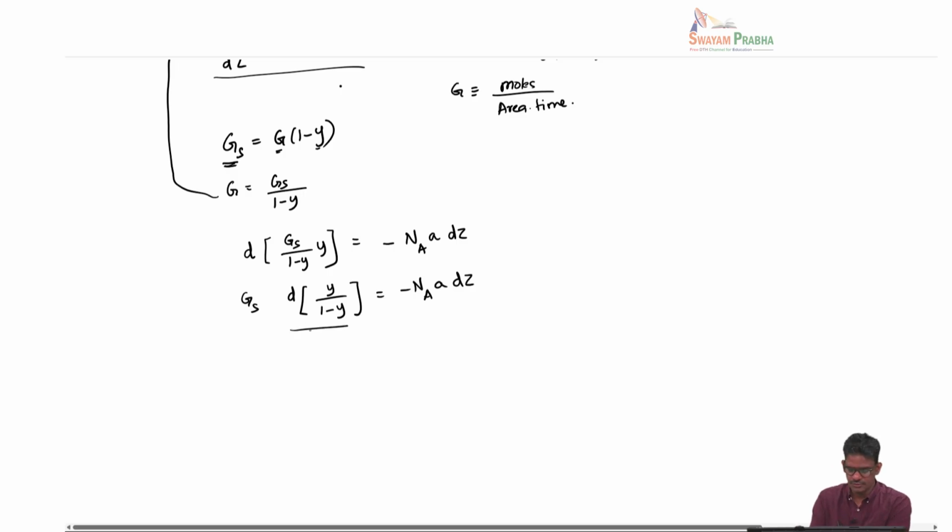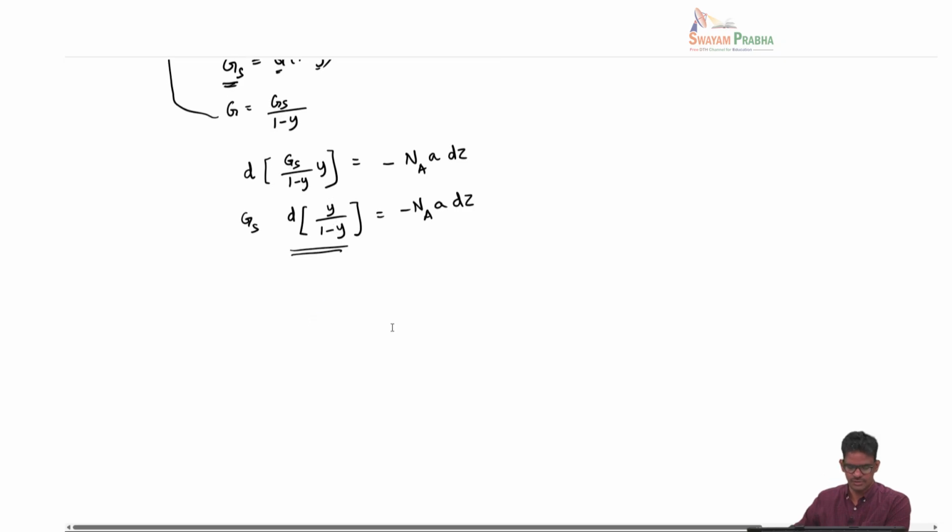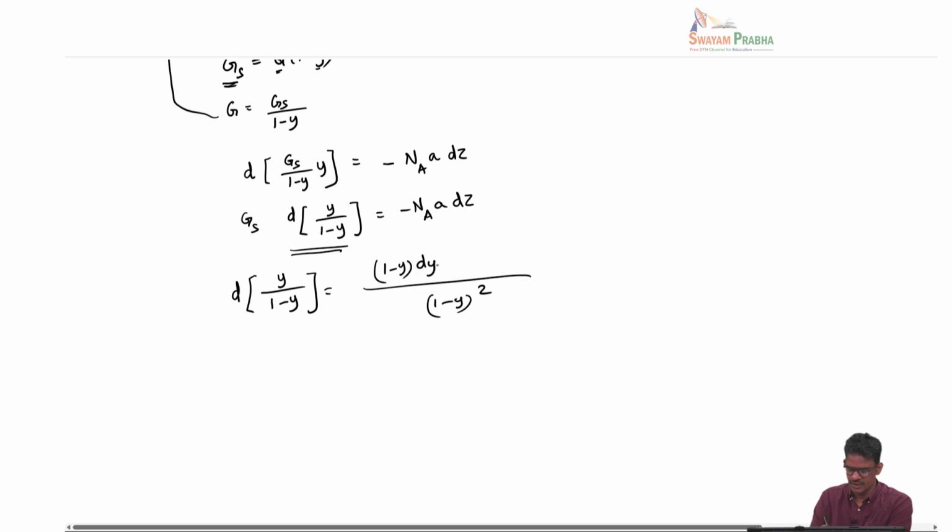And it's easy to differentiate this particular function. So d of y by 1 minus y will be 1 minus y times dy, minus, minus y dy, over 1 minus y whole square.